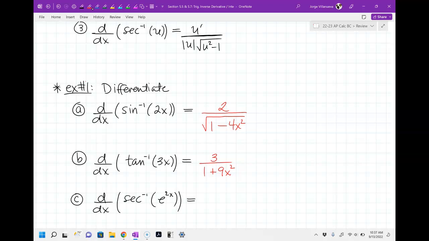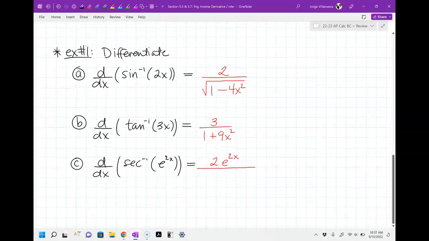So u prime would be 2e to the 2x over the absolute value of e to the 2x times the square root of e to the 4x minus 1.